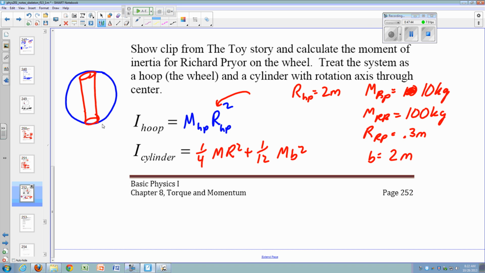All right, so we can calculate this. The total moment of inertia will just be the sum of the hoop plus the cylinder.